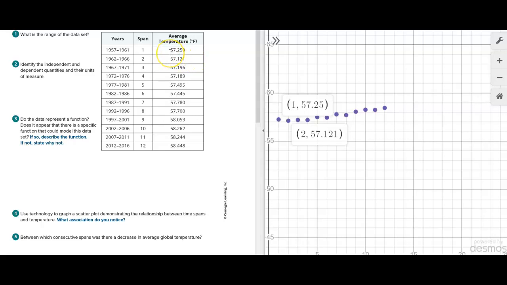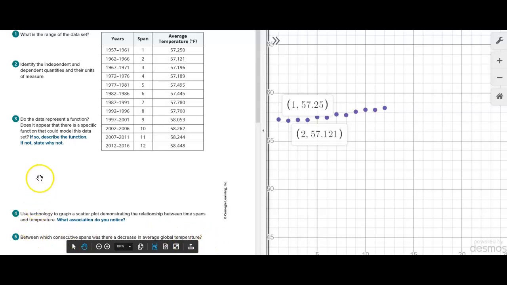And you can also ask that question if you're looking at the table. Between span 1 and span 2, is the temperature going up or is the temperature going down? And for number 5, there are 4 correct answers, so list all 4. Between what time spans was there a decrease in average global temperature? That is, during which spans does the temperature go down?